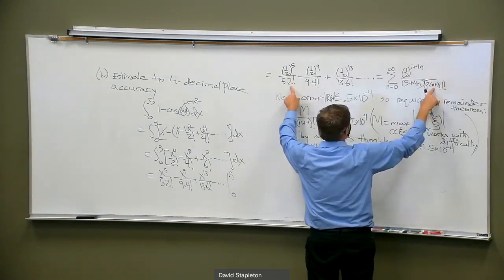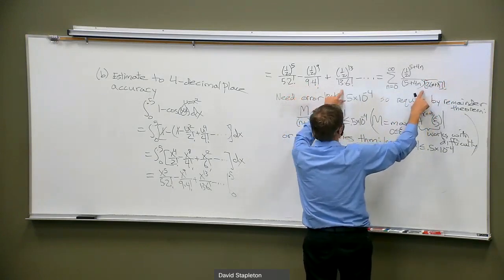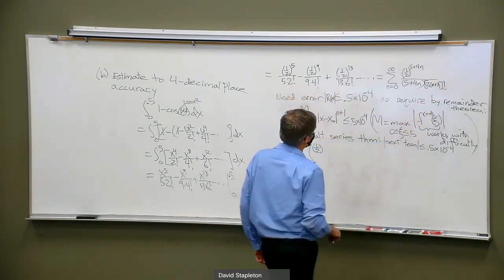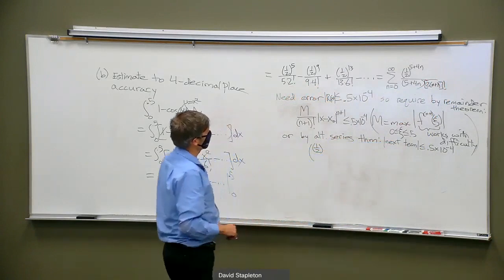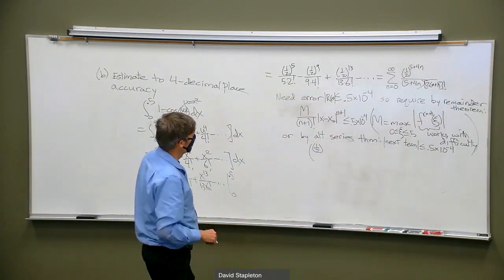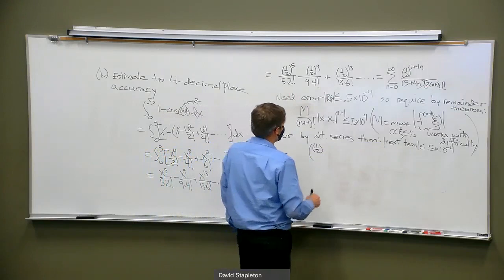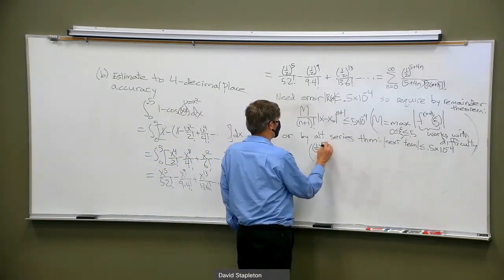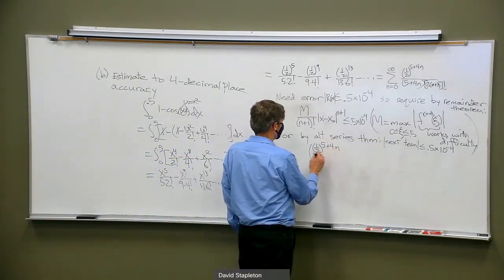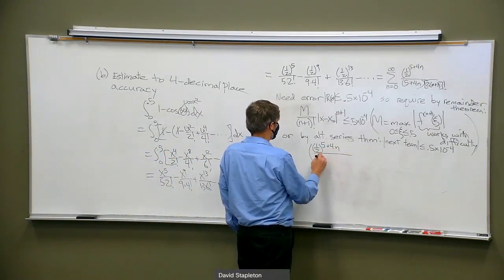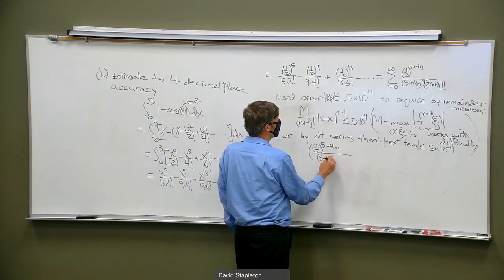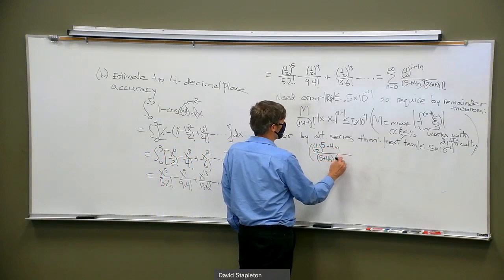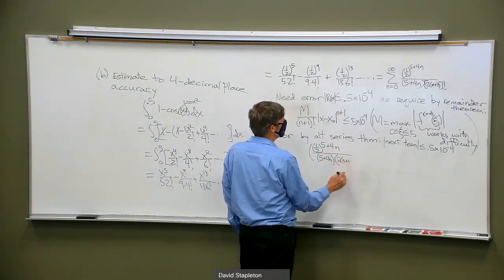So if n is 0, you get 2. When n is 1, you get 4. When n is 2, you get 6. Yeah, so that'll do it then. There's the sigma notation for that. So we require 1/2 to the 5 plus 4n over 5 plus 4n times twice n plus 1 factorial.